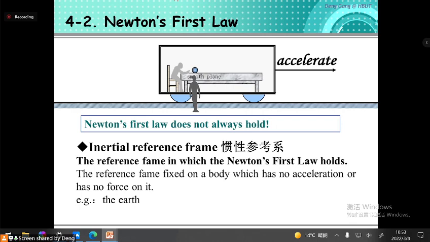But in most cases, when we discuss the motion of an object on the surface of the Earth, we can treat it as an inertial reference frame.